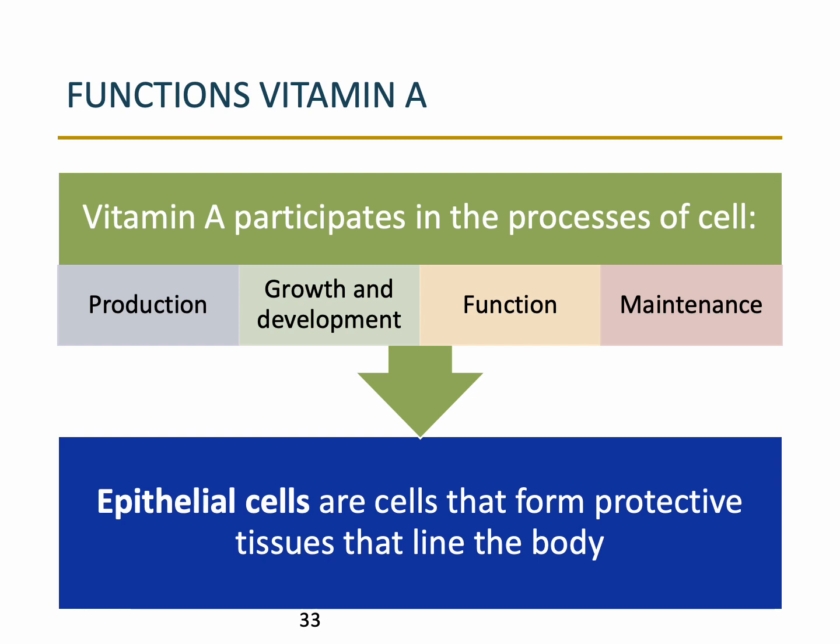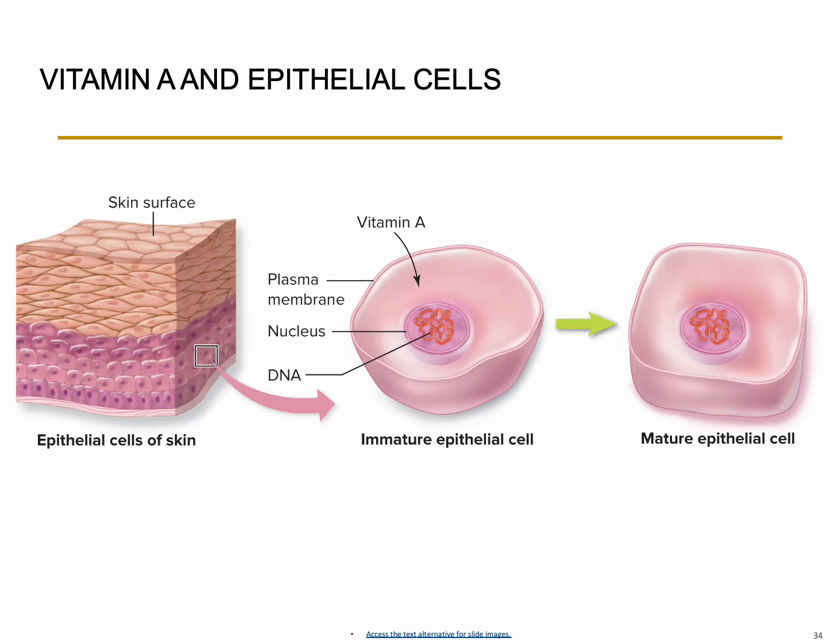So skin and linings of digestive, respiratory, reproductive tracts, that's all epithelial tissues. This is just one example of epithelial cells, and a young immature epithelial cell with a sufficient amount of vitamin A can grow into a mature, complete epithelial cell.